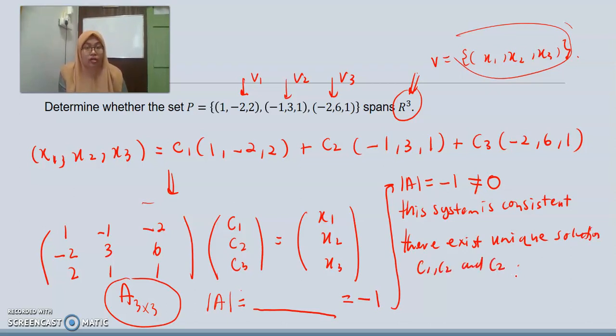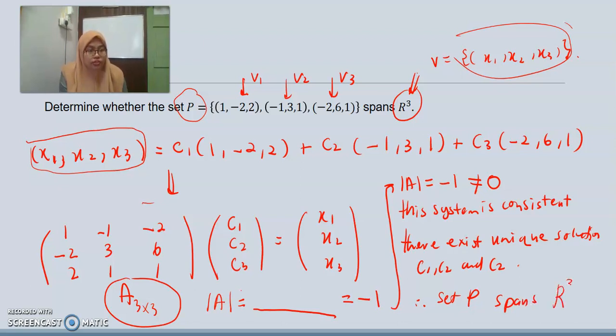Okay, therefore, we can write this vector as a linear combination of vectors in set P. Hence, the conclusion is set P spans vector space R3.